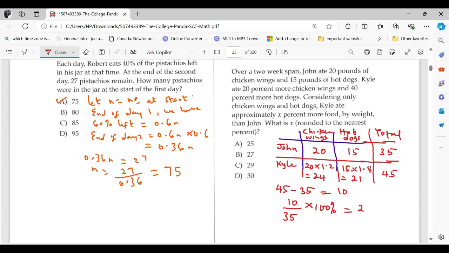We have 28.57%, which is approximately 29%. And that's option C.